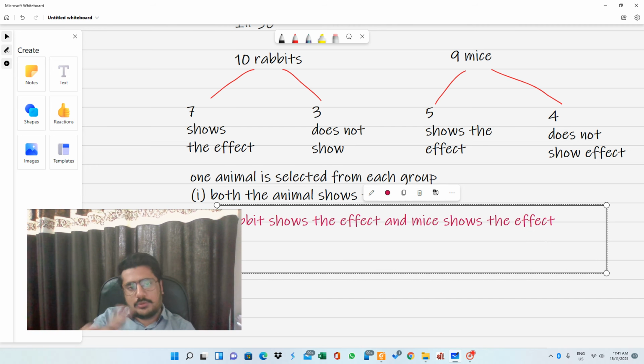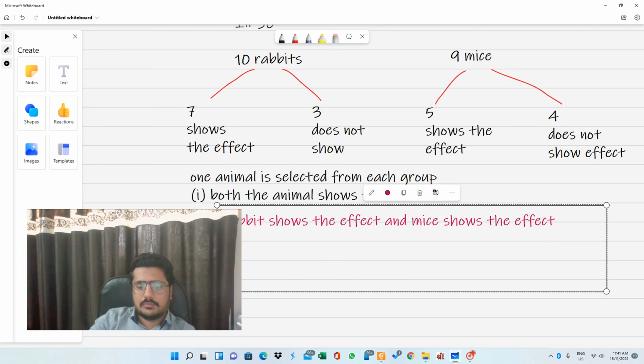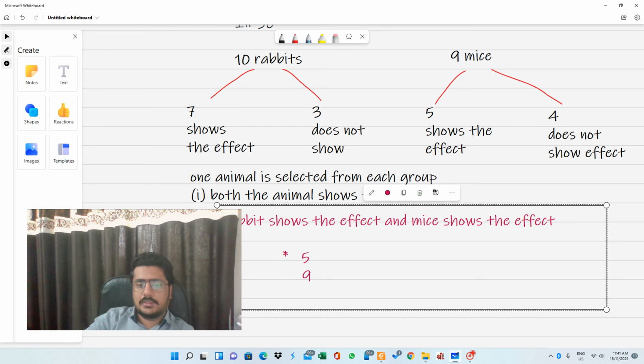If the rabbit shows the effect, the probability is 7 upon 10. And, multiplication, the mouse shows the effect. If the mouse shows the effect, the probability is 5 upon 9. Total there are 9 mice.